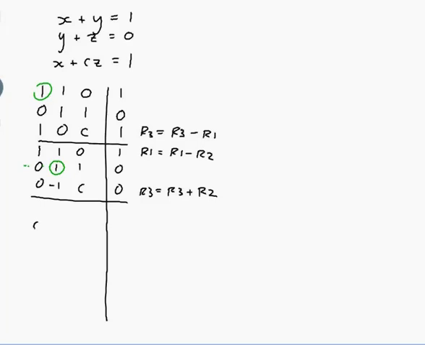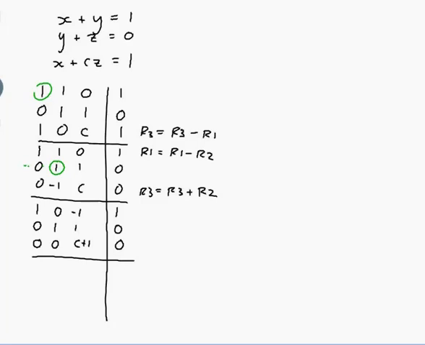We haven't changed row 2, so we leave that as it is. Row 1 becomes: 1 minus 0 is 1, 1 minus 1 is 0, 0 minus 1 is minus 1, and 1 minus 0 is 1. Row 3 becomes: 0 plus 0 is 0, minus 1 plus 1 is 0, c plus 1 is c plus 1, and 0 plus 0 is 0.